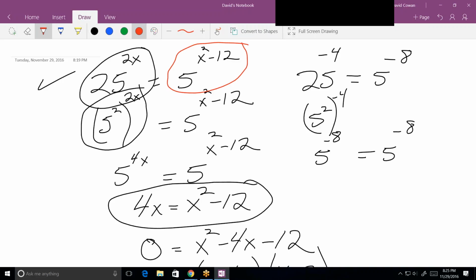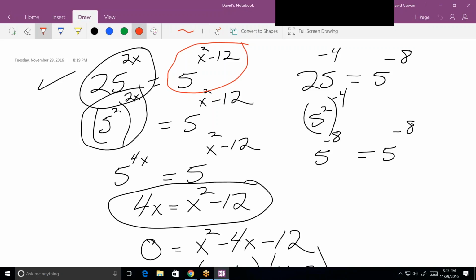In other words, they will intersect when x is equal to 6 and when x is equal to minus 2. Want to do that real quick just to verify that they at least intersect in two different places?